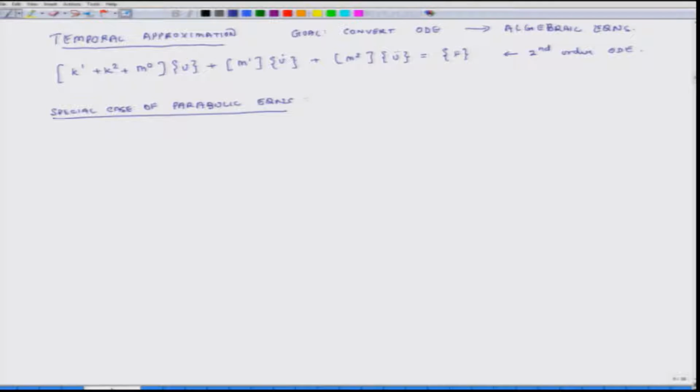In a parabolic equation, the second derivative of u does not play a role. That means M2 is equal to 0. This is for parabolic equations.